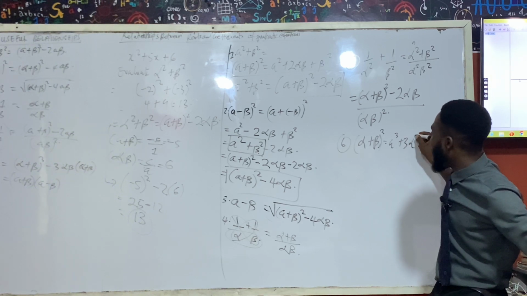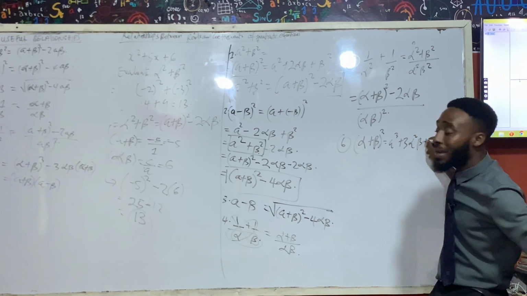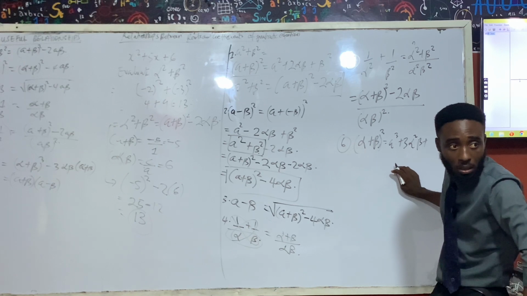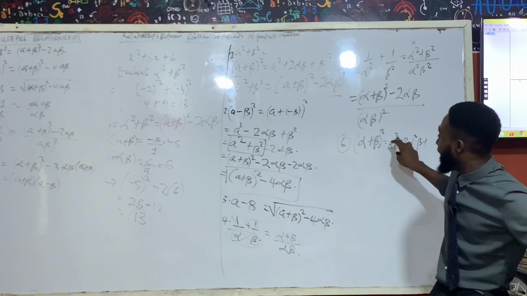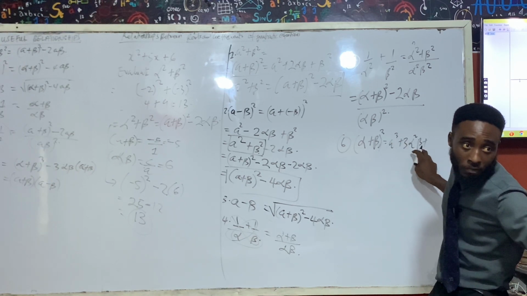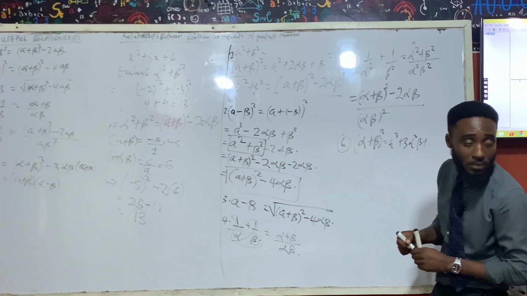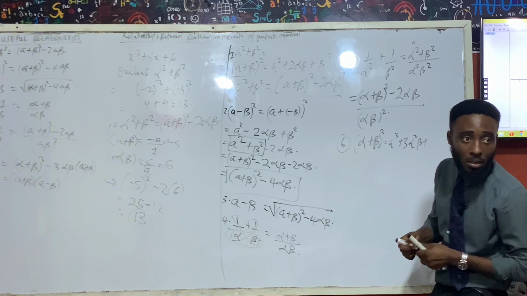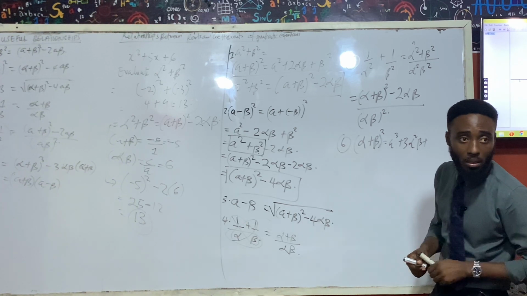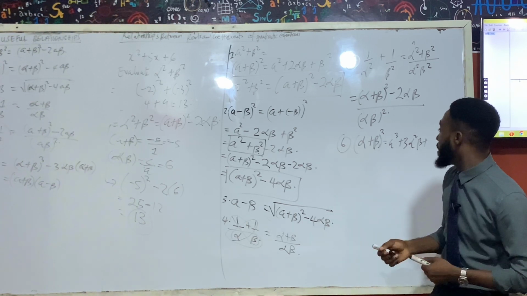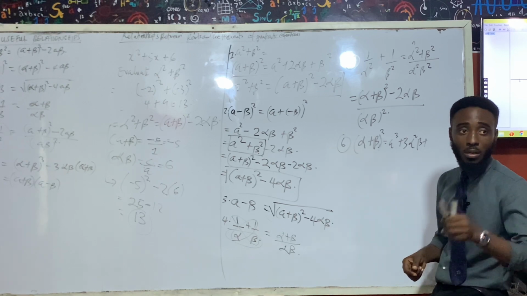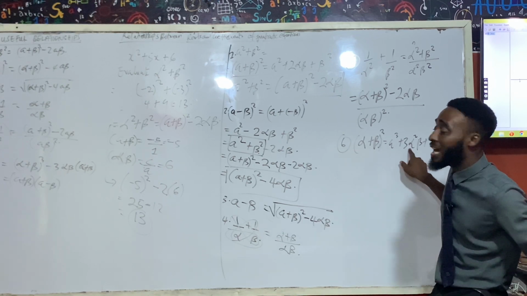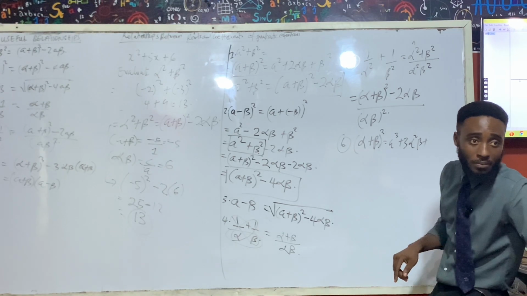Alpha cube plus 3 alpha squared beta plus.